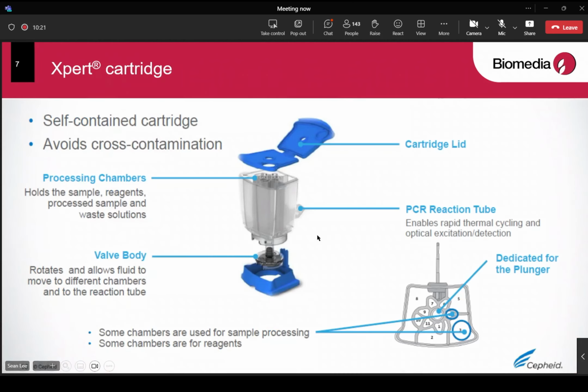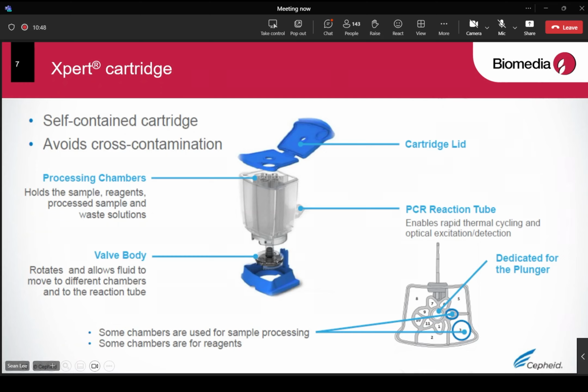Okay, so this is how a GeneXpert cartridge looks like. So it's a self-contained cartridge. There is a big hole over here. That is where you load the samples into the cartridge. So this is called processing chamber. It contains all the reagents in there, all the PCR primers, controls, positive controls are sitting in each chamber.